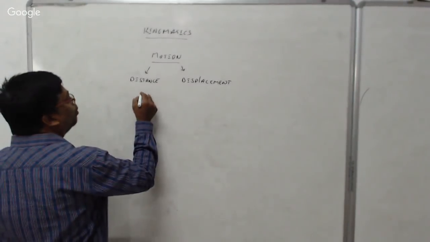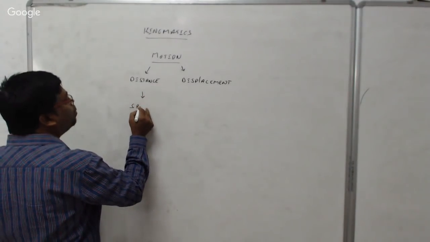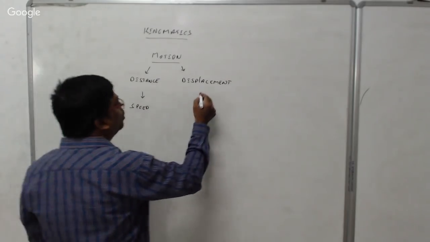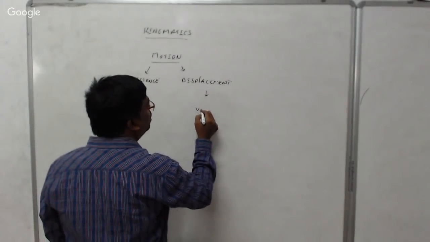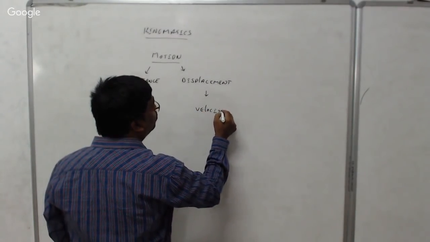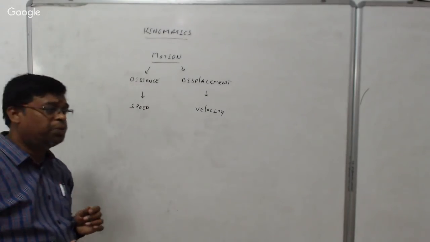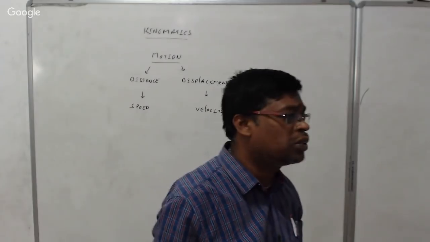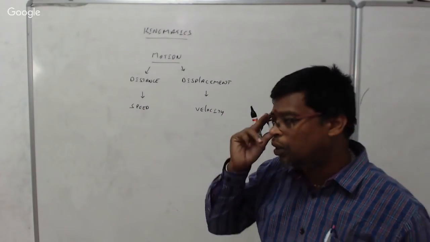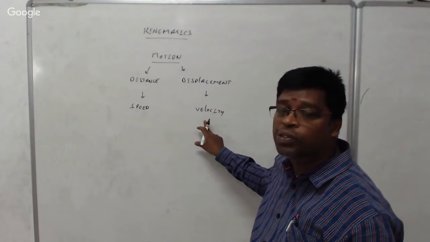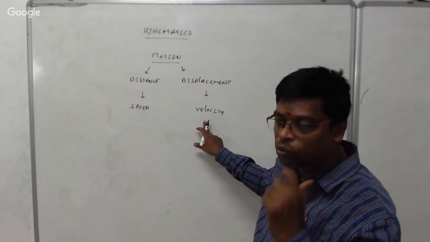From distance we learn speed, from displacement, velocity. We learn different types of speeds, different types of velocities. And we solved a few problems based on speed and velocity also.